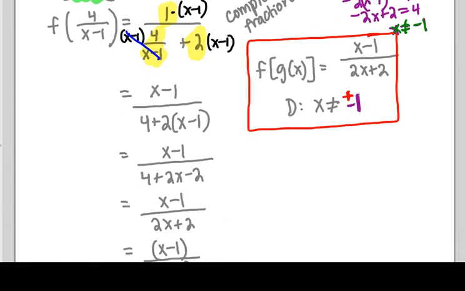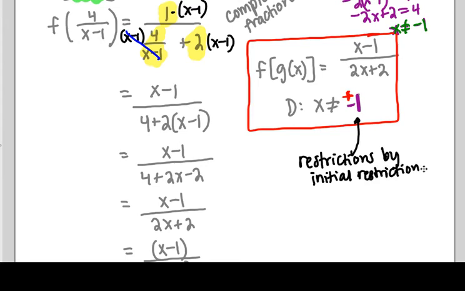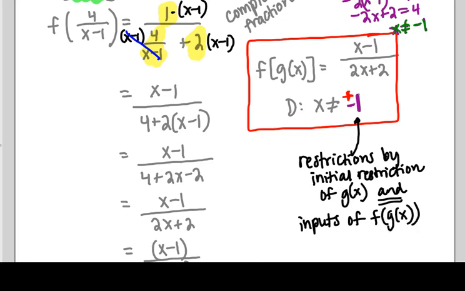So let's write down what our restrictions are. It will help if you can write these down. Restrictions come from the initial restriction of g of x and the inputs of f of g of x, the restricted inputs.